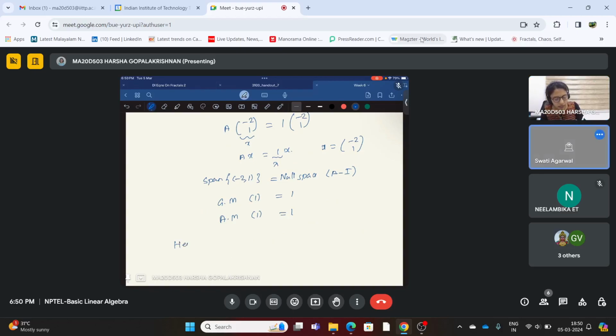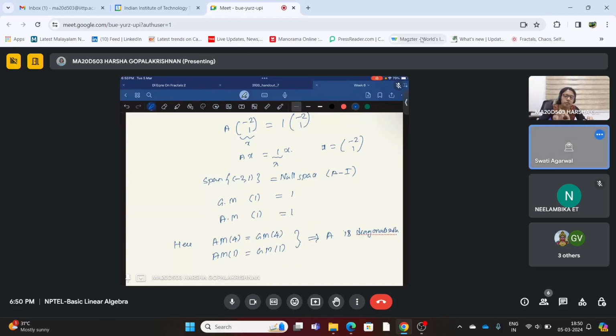Here AM of 4 equals GM of 4 and AM of 1 equals GM of 1. Algebraic multiplicity and geometric multiplicity are equal for each eigenvalue, so this condition implies A is diagonalizable.